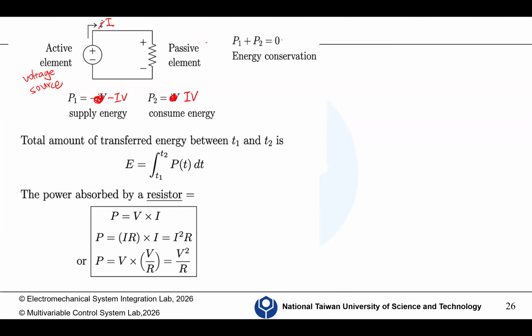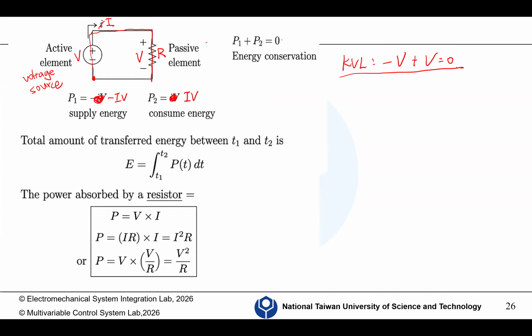So if this is V, then this is V, right? This is R, because they are in the same loop, and it needs to satisfy KVL. And again, KVL starting from the bottom left corner: minus V, and then plus V is 0.